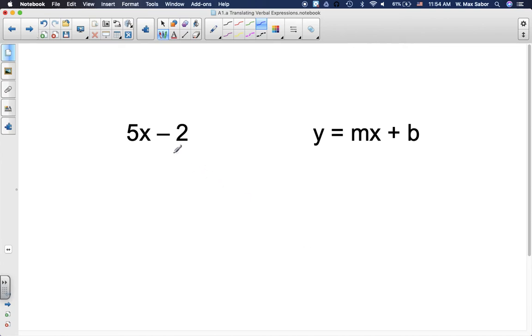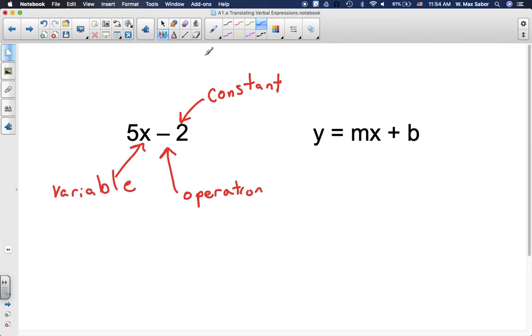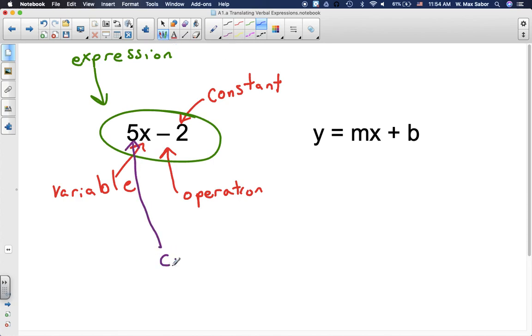So if we look at this one, here we have -2 is a constant, or you could argue that 2 is the constant. Negative or subtraction is an operation. x is a variable. And the whole thing is an expression. One word I did not use is that 5 is called a coefficient.